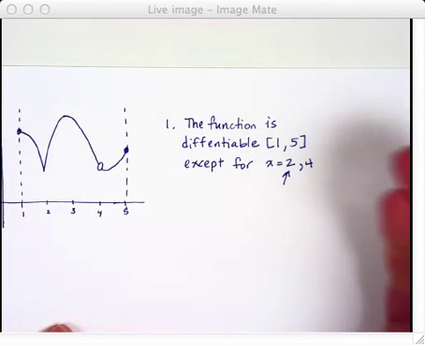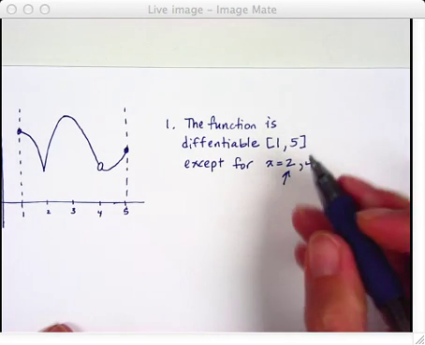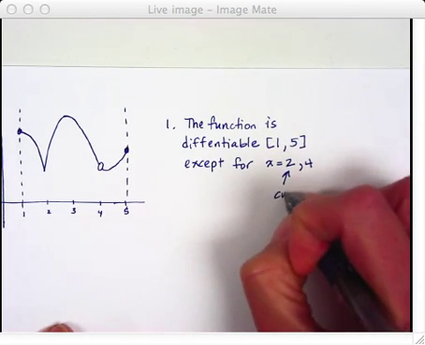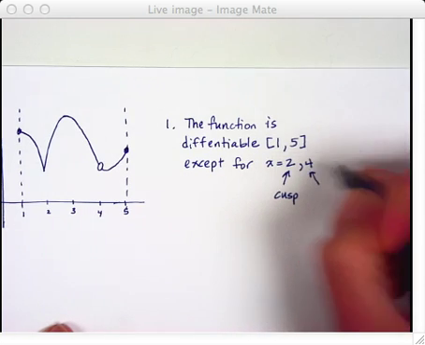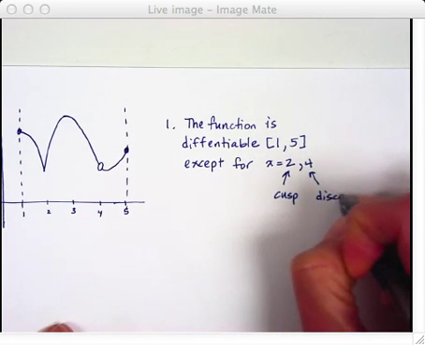And just to be even more specific, I will say at 2, it is a cusp, and at 4, it's a discontinuity.